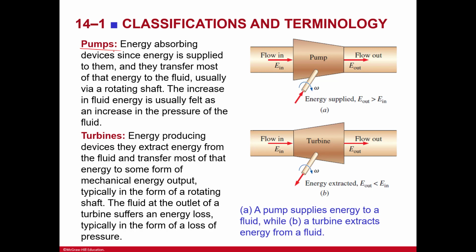And then turbines, while we're not going to go into it, it is good to define. Turbines are energy producing devices, so just the opposite. Pumps consume, turbines produce. They extract energy from the fluid and transfer most of that energy to some form of mechanical energy output.